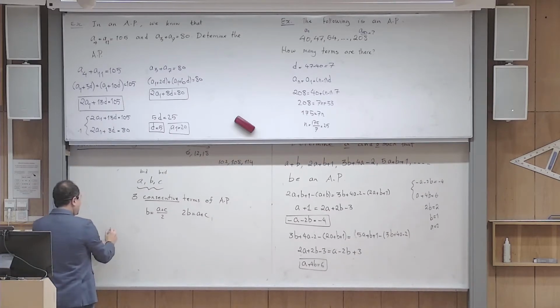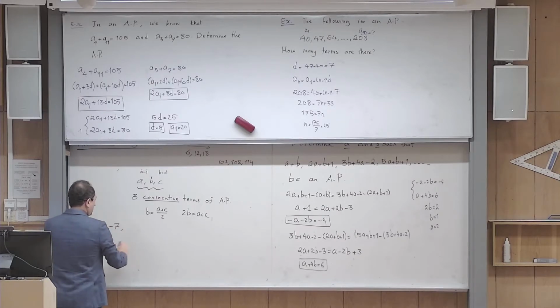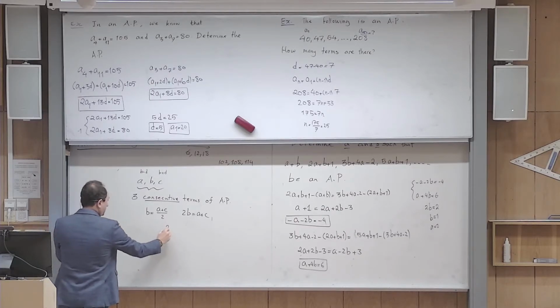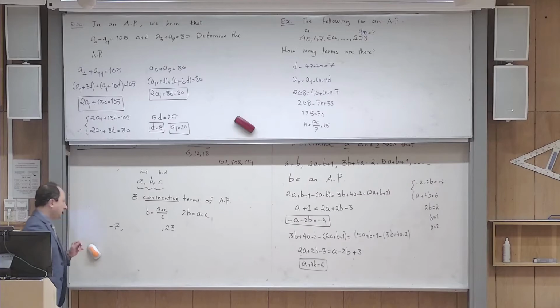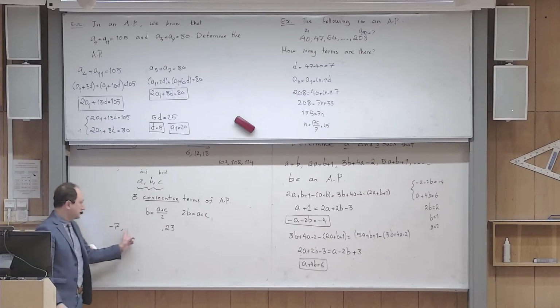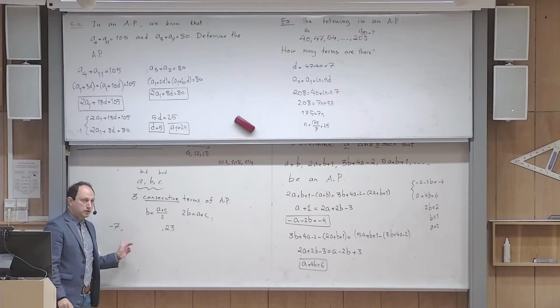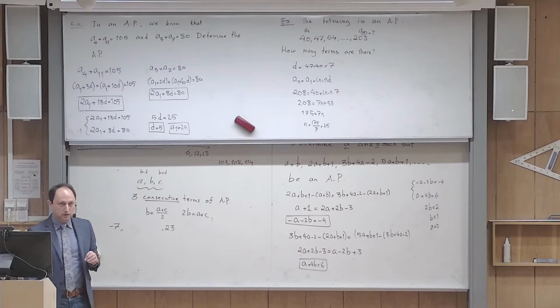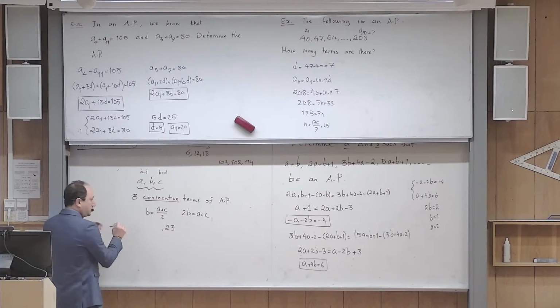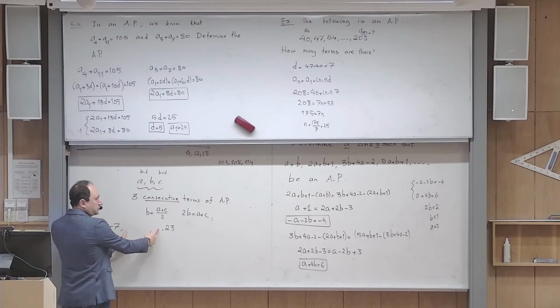I give you -7 and I give you 23 and I ask you to find 5 numbers in the middle so that when you look at the whole sequence, it becomes an arithmetic progression. Is the question clear? So I'm asking you to insert 5 numbers between these.